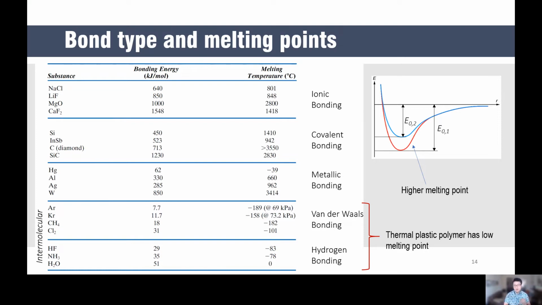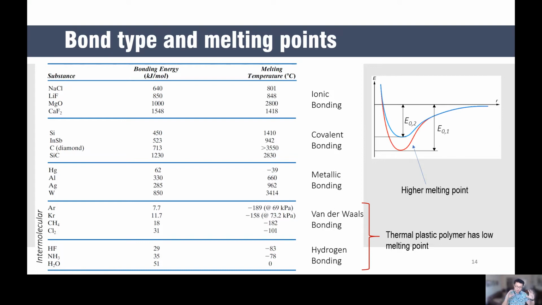There is an exception, and the exception is the leeway to the next topic, which is atomic structure and crystal structure. So right now we're only looking at the bonds, but we're looking at only 2 atoms. What happens if you have more atoms together, which create some kind of structures? Then now we need to think about how many neighboring atoms are interacting with each other, and that leads to those kinds of exceptions. But in general, ceramics tend to have very high melting points.